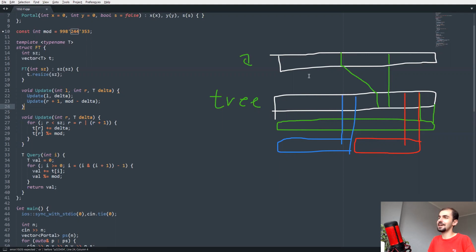So this is why I decided to draw this picture. I hope that it works somehow like this, but it may be completely incorrect. In particular, this is a correct diagram only if the length is a power of 2, and if the length is not a power of 2, then you kind of cut it.